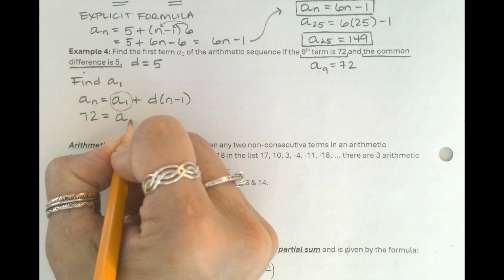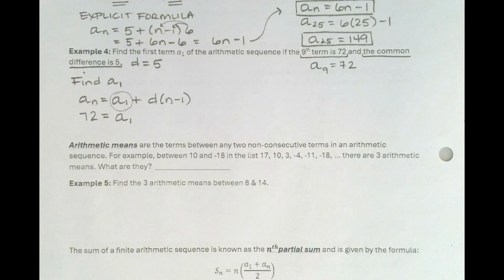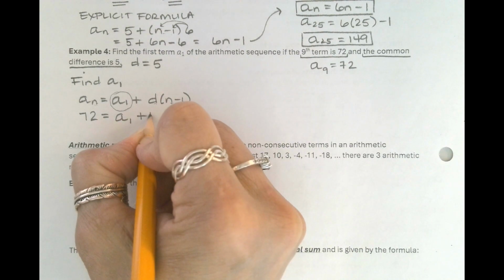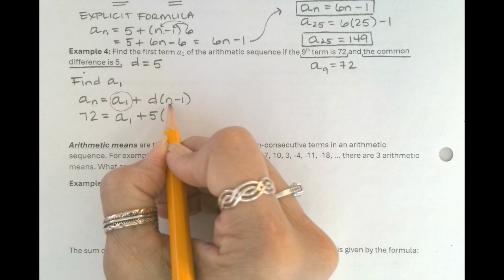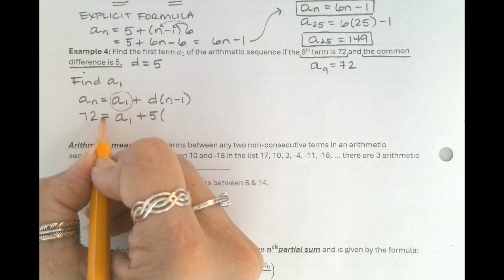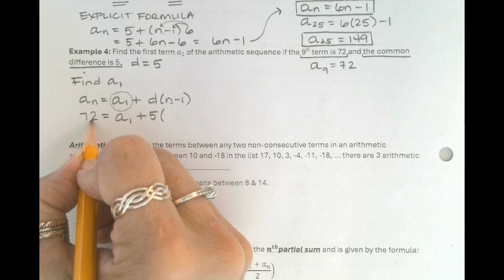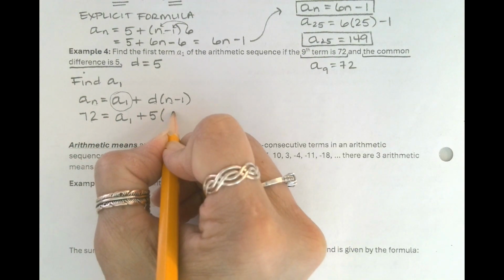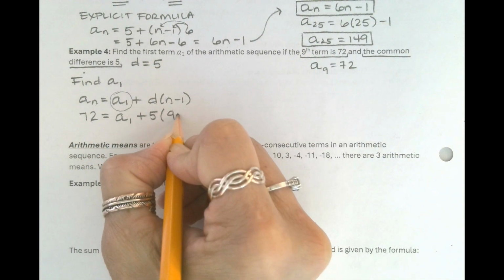So that's our unknown variable, plus D was given to us to be 5. N stands for number of terms. Well, if this is the ninth term, we can pretend that that's the last term of our sequence. That implies that we have 9 terms total.